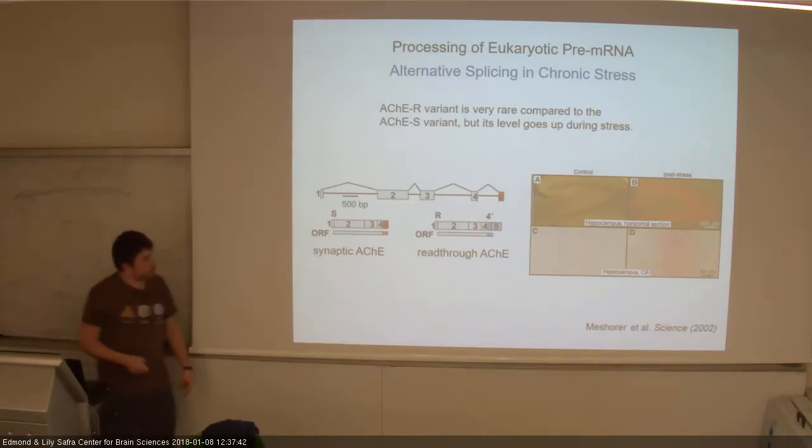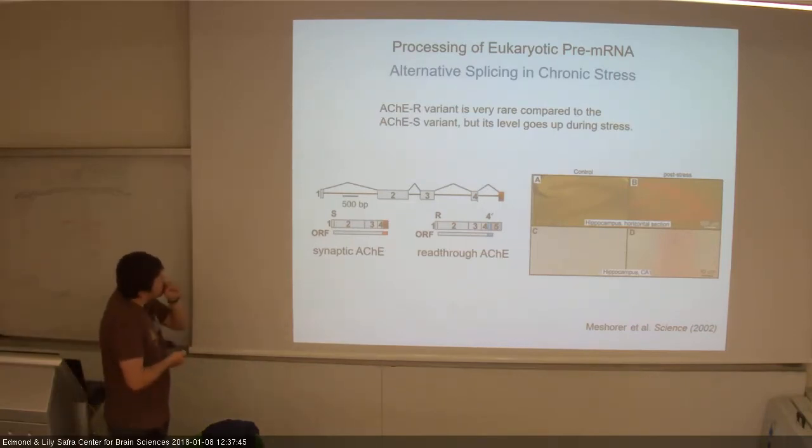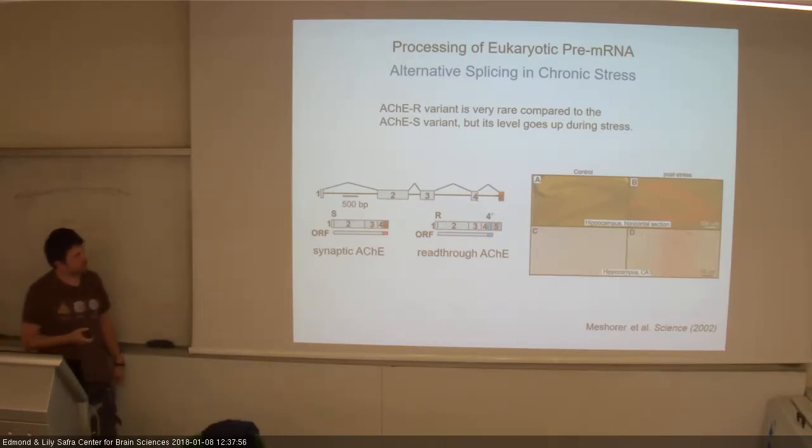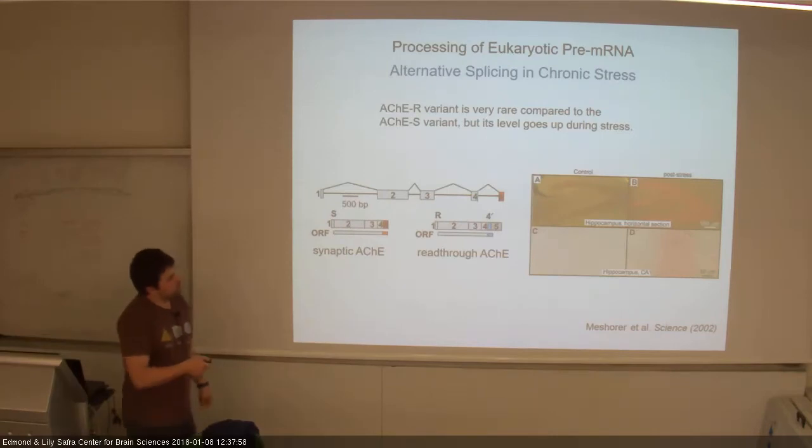A specific example that was found in our lab 16 years ago is acetylcholinesterase, the enzyme that is responsible for breaking down acetylcholine in the synaptic cleft. Under stressful conditions, it has a tendency to change from a normal variant to an alternative variant by alternative splicing.